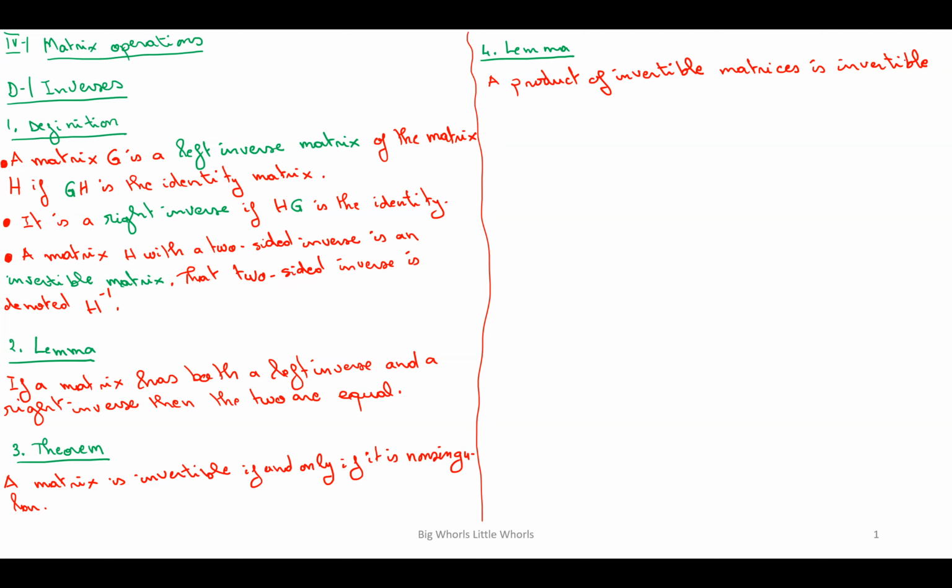And if we are talking about product of matrices, what is the underlying map? Do you remember? The underlying map is map composition. Is that okay?